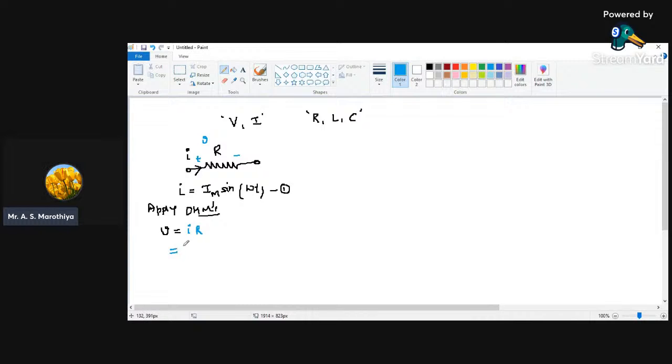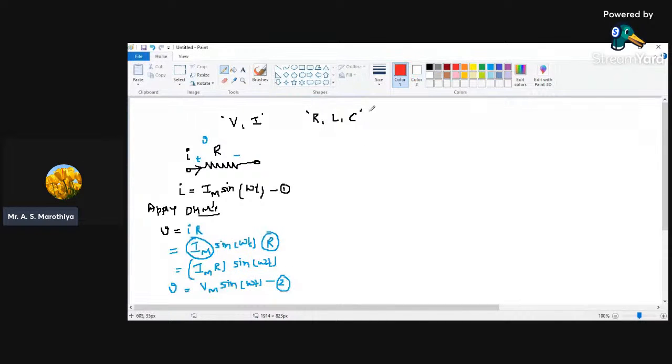Now from equation 1, small i is I max sine of omega t, multiplied by r. If we club I max with r, I can write small v equals V max into sine of omega t. Let this be equation number 2.